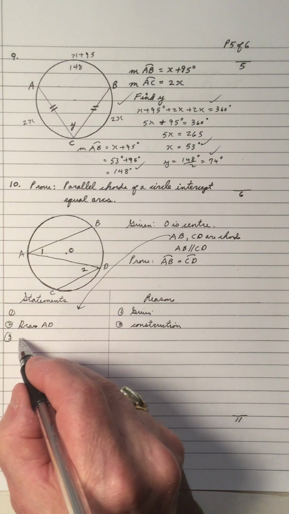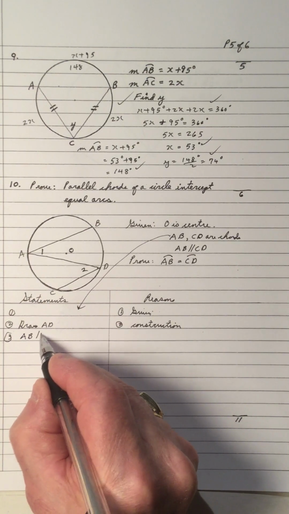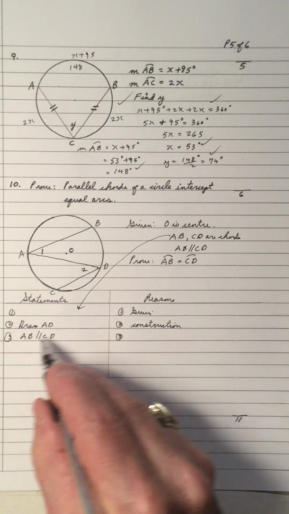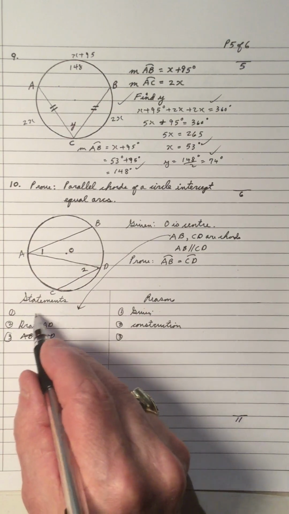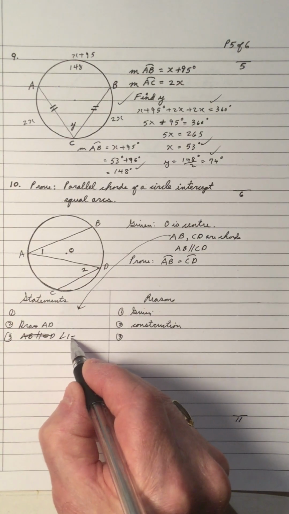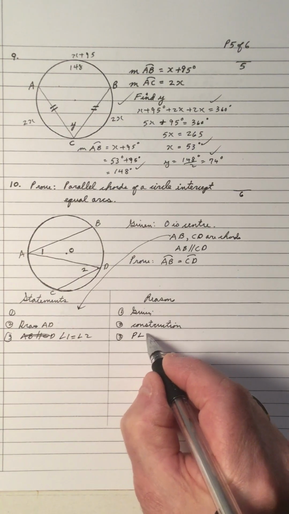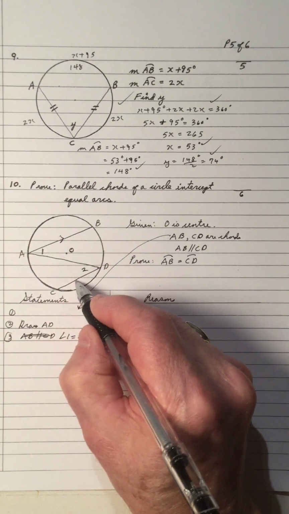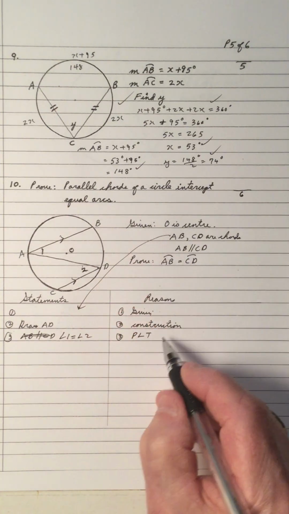We have AB parallel to CD, and that's a given. We already got it in the givens, so I don't have to say that again. So angle 1 is equal to angle 2. That's what I call the PLT. Because I have two parallel lines, angle 1 is equal to angle 2.